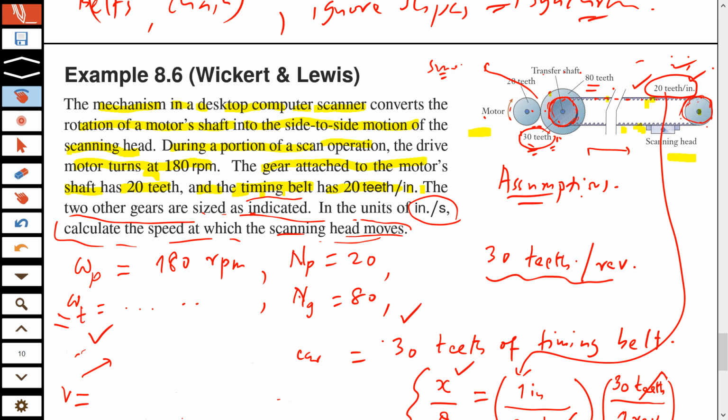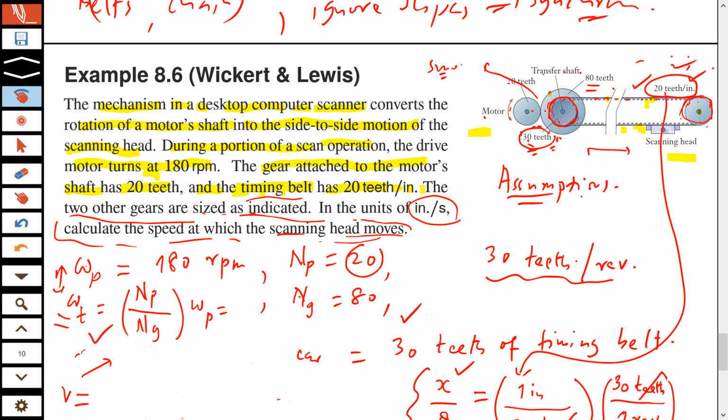Because on the transfer shaft this gear is also there, and on the same transfer shaft this 30 teeth gear is also there. So I can now convert between these two, between omega p and omega t, and for that I can simply use the assumption that they are synchronous. The one from the previous slide. So it is omega p, and here I know that np will come and here ng will come. Okay, so I can now plug in these values.